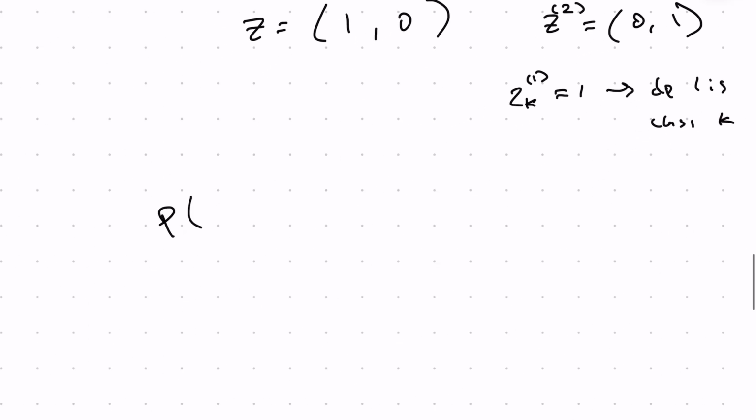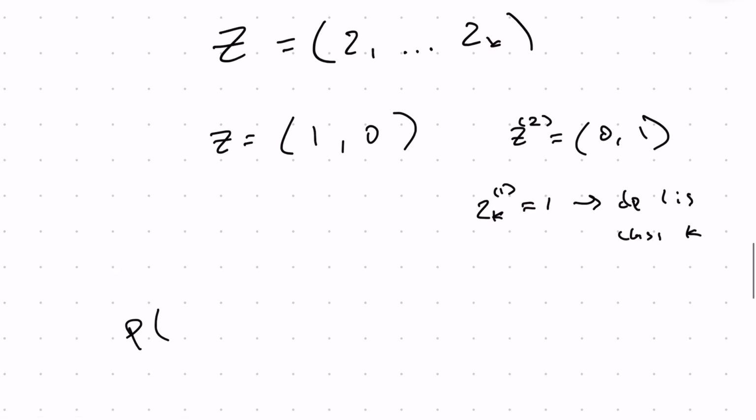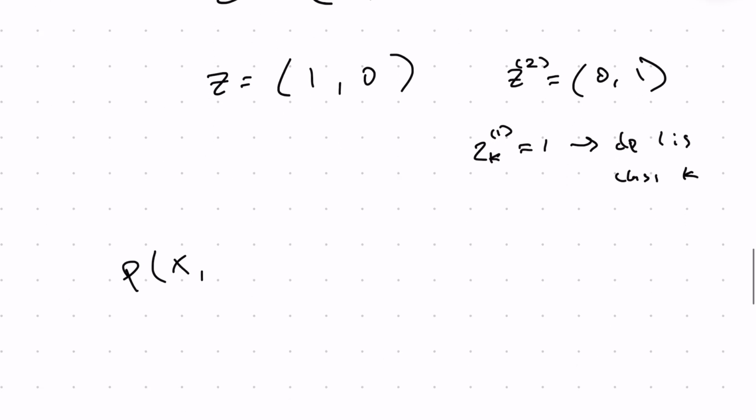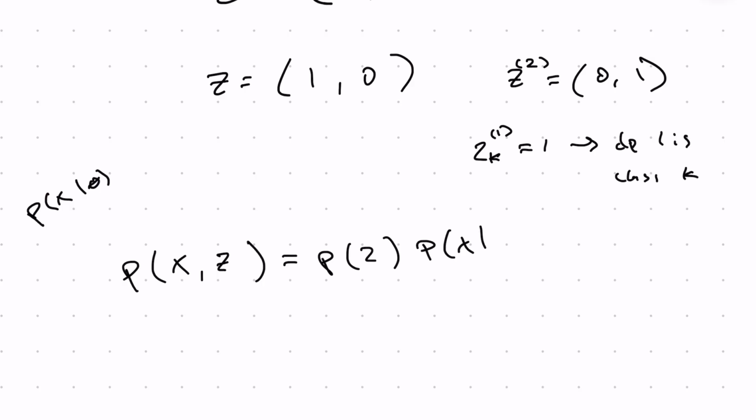We wanted to find the likelihood of the data point given the parameters, right? But we have this latent thing. So it's going to be x and z to start off. Before, when we were doing just a Gaussian, it was p of x given theta. But now we're going to have to augment it and do p of x, z. Okay. So by definition, it's going to look like this.